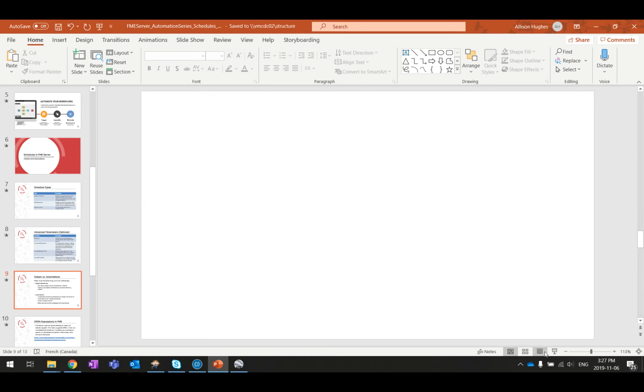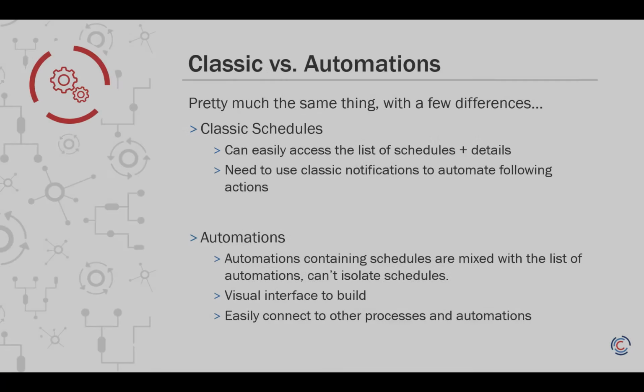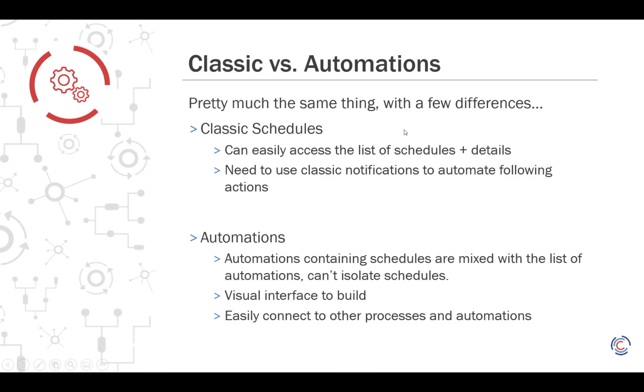So going back to this, you can easily access the list. And also with classic schedules, if you want to add on and have other automations associated with the schedule, it's a little bit more complicated to do. You need to use the classic notifications to automate.